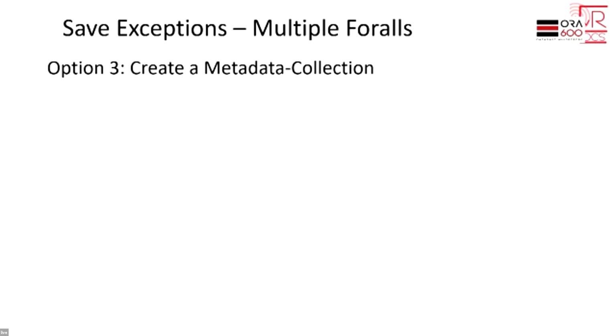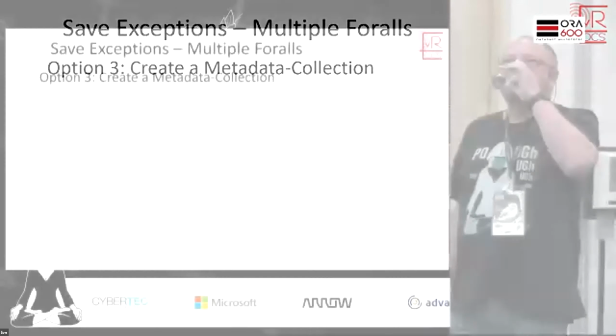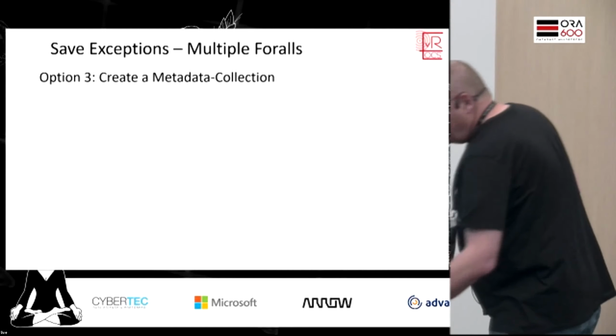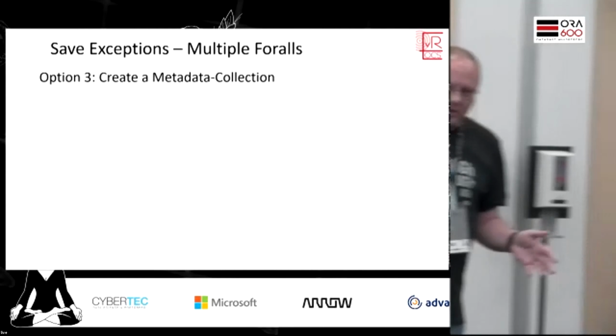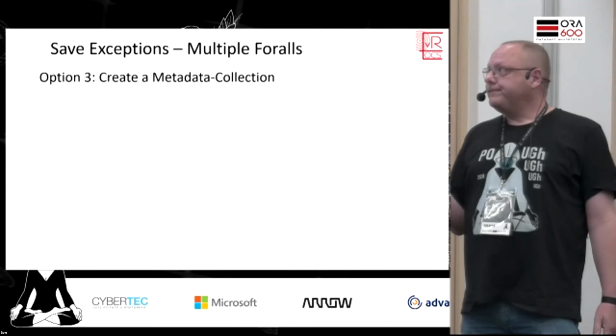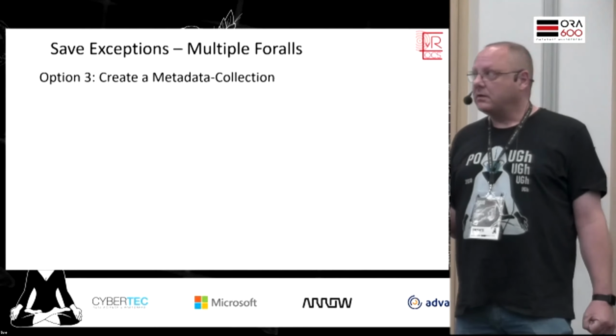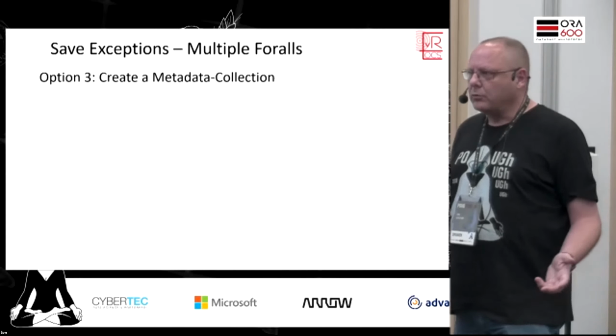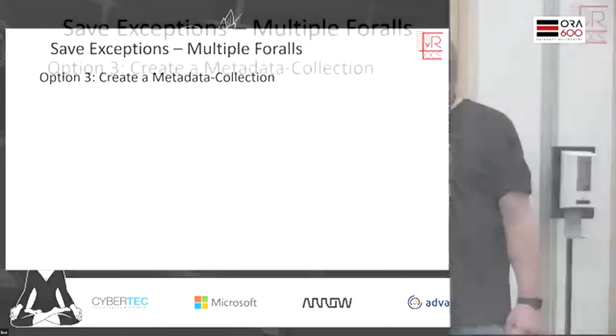This is the one that I usually prefer. You can create a metadata collection. So apart from all the collections for all the tables that you are going to insert into, you make an extra collection, and I prefer to make that a nested table. You could also make it a global temporary table, whatever you want.